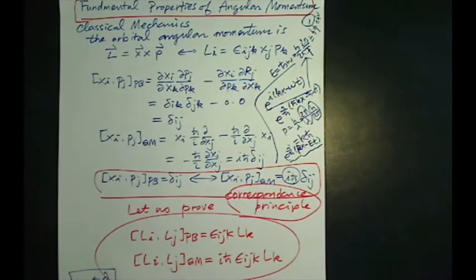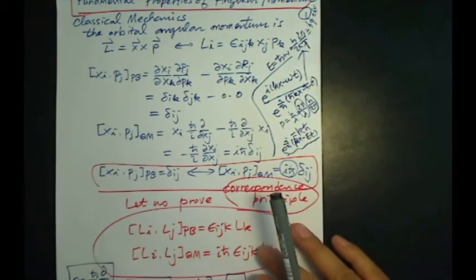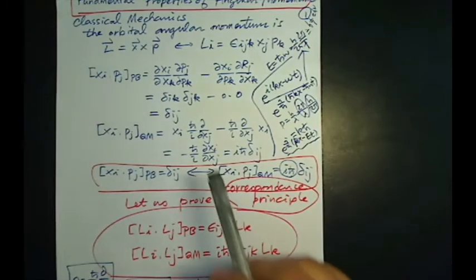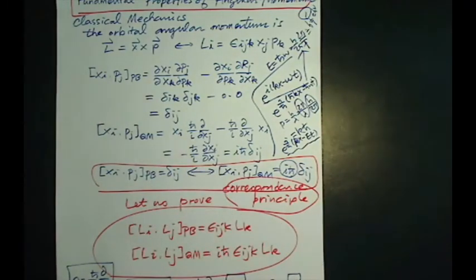The correspondence principle between classical mechanics and quantum mechanics is that the Poisson bracket is replaced with the quantum mechanical commutator divided by i h bar. Let's see. We already know the quantum mechanical operator for momentum, that is h bar over i, and the jth component is the partial derivative with respect to coordinate x_j.